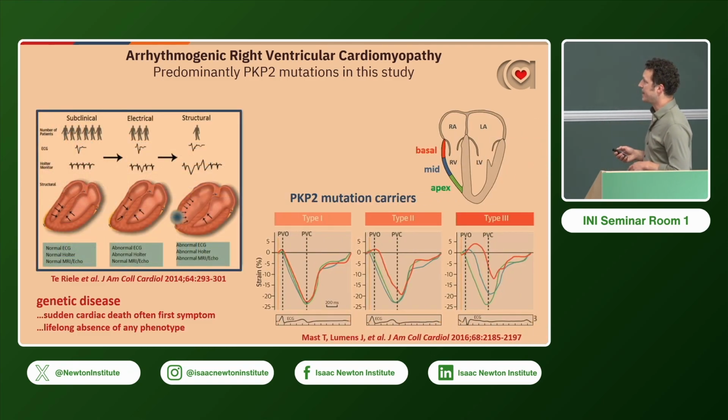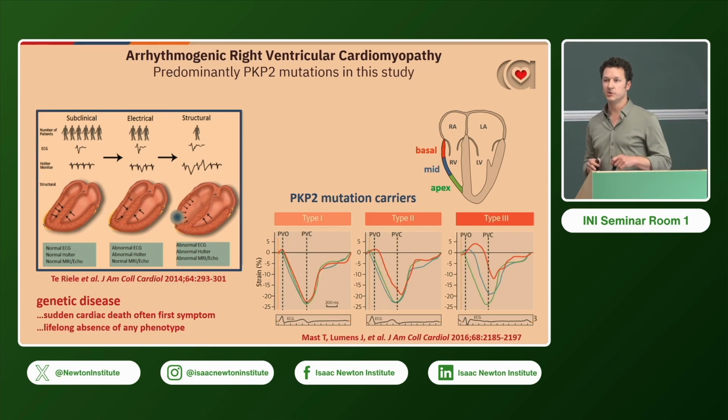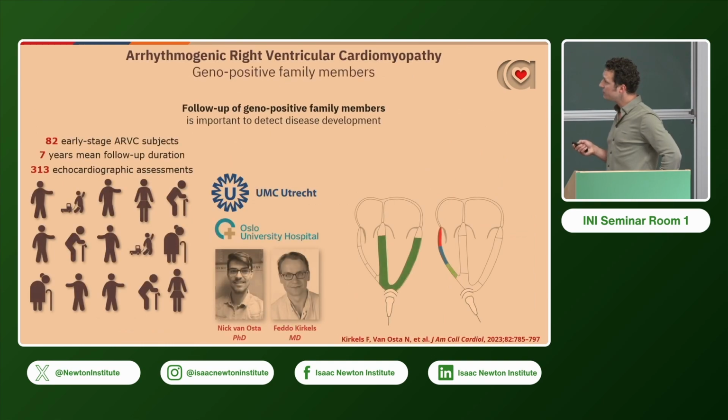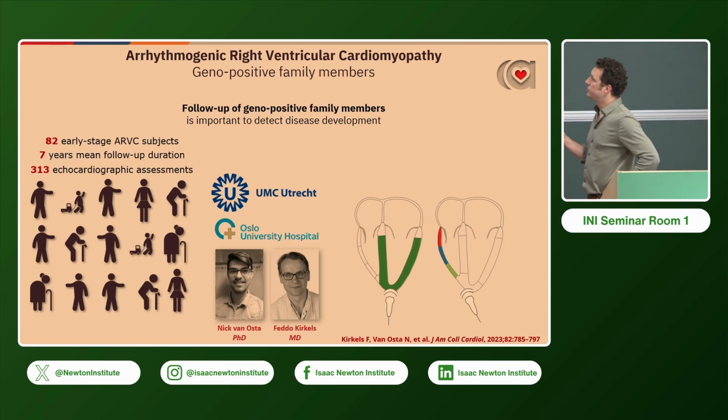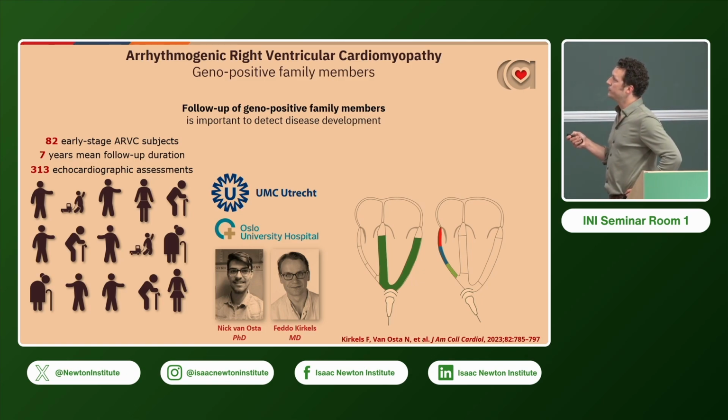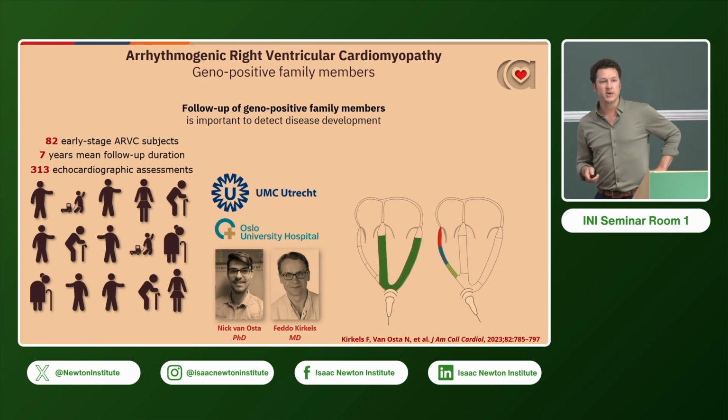So they have their hands on data, and we did previous studies as well, where we showed that in early stages of disease, you see already mechanical abnormalities that are not visible on ECG, at least not the task force criteria of these patients. So what Nick and Vero, two PhD students at the time, did is they took longitudinal echoes, 313 of 82 early stage ARVC patients.